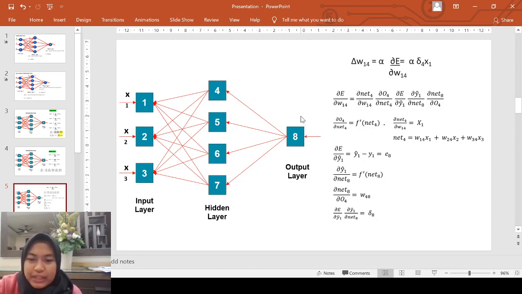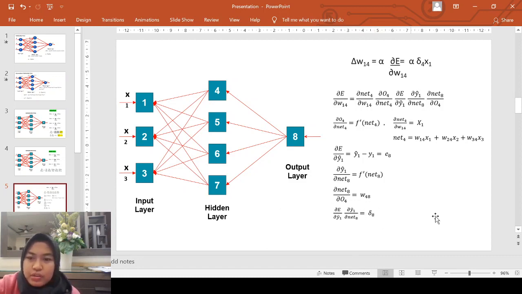And then we continue for that delta net 8 over output 4, so we get W for it. And then we want to simplify delta E over delta y1 times delta y1 over delta net 8. So we get delta 8.